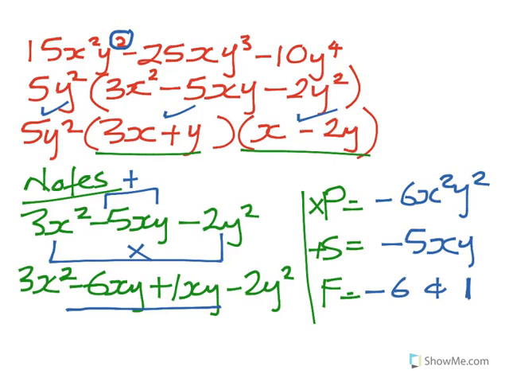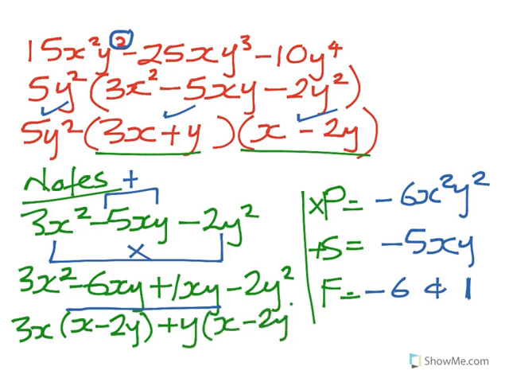So if I continue, 3x is common in the first two. 3x into 3x squared is x. 3x into minus 6xy is minus 2y, plus what is common in the last two, xy minus 2y squared, is y. Again it is x minus 2y.